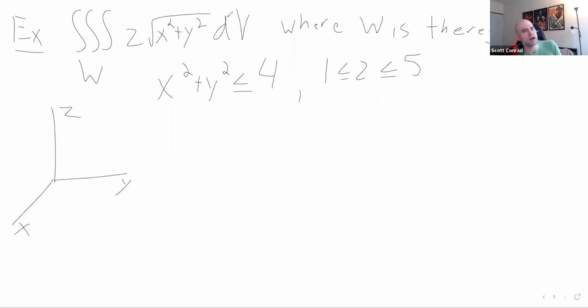What surface does that describe in R3? That's what it would be in R2, right? But in R3, it's a cylinder. It's just the cylindrical surface of radius 2 centered on the z-axis.